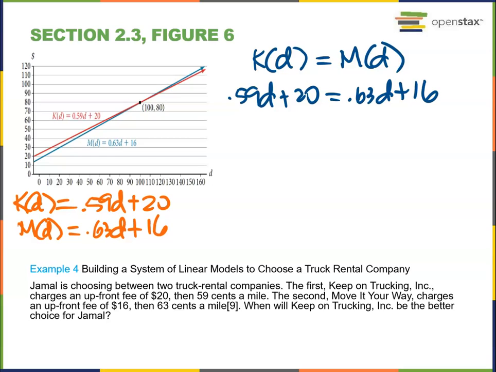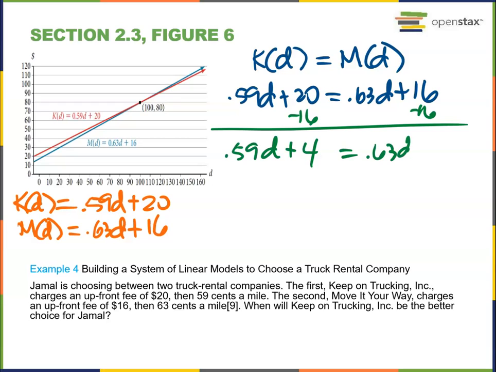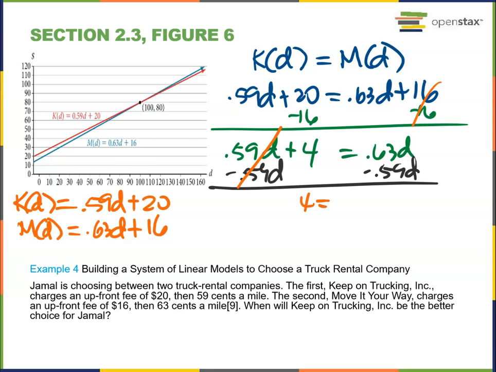If I subtract 16, this is going to be 4 equals 0.63D minus 0.59D, that's going to be 4 equals 0.04D. Divide both sides by 0.04, so D is equal to 100.